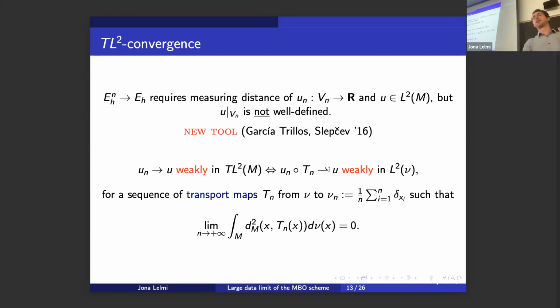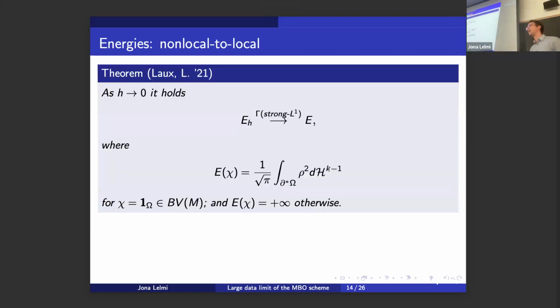The first result tells us something about the convergence of the MBO scheme in the continuum as the number of data points goes to infinity. But we still have the step size. The step size is still fixed in the continuum. So what we do is we also understand what happens as the step size goes to 0. Now we are just in the pure continuum case.